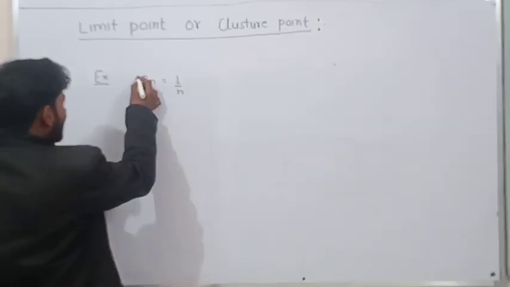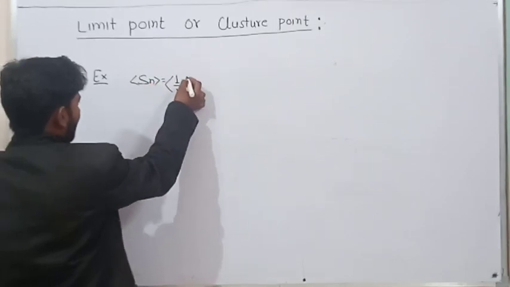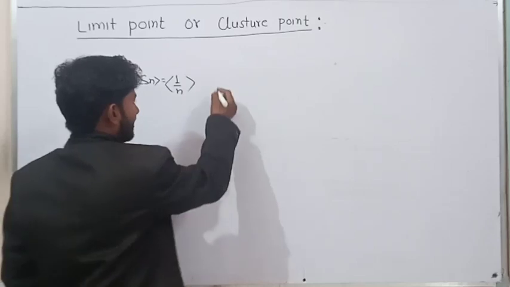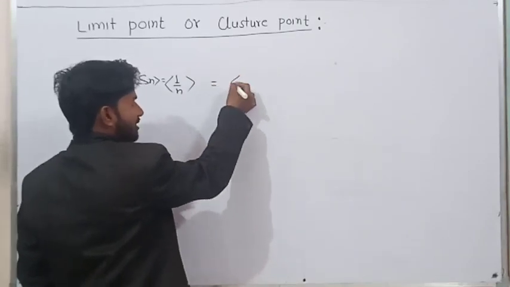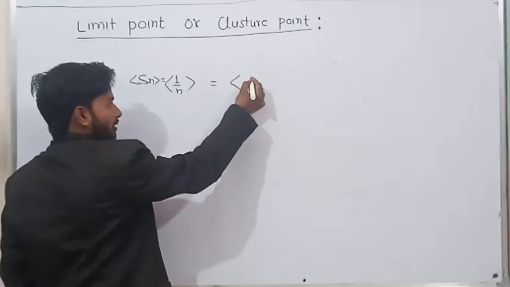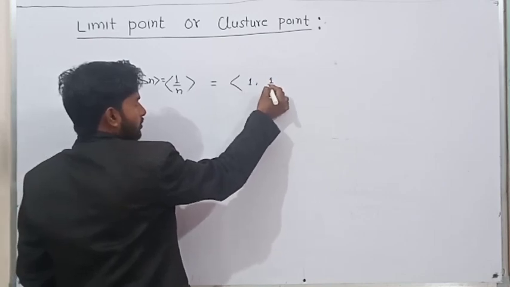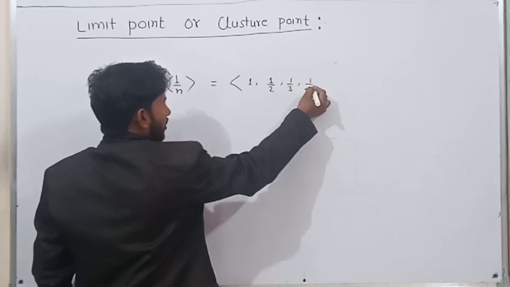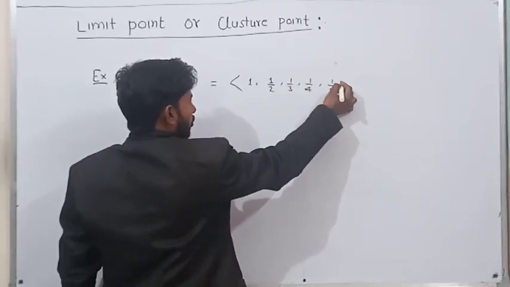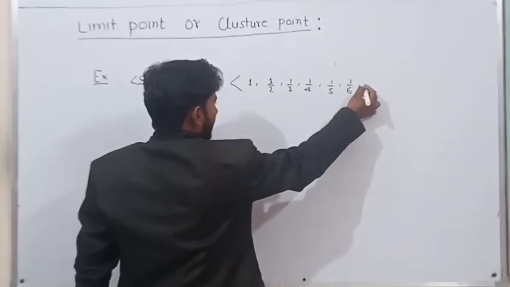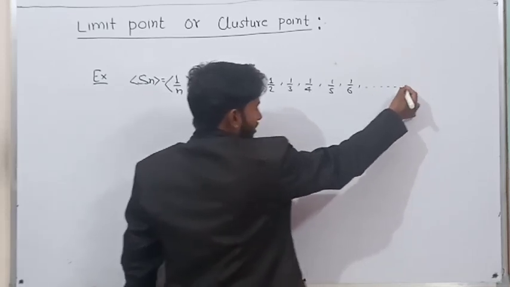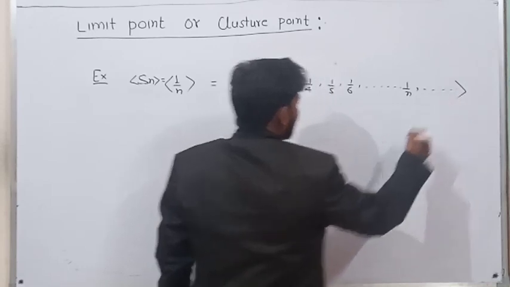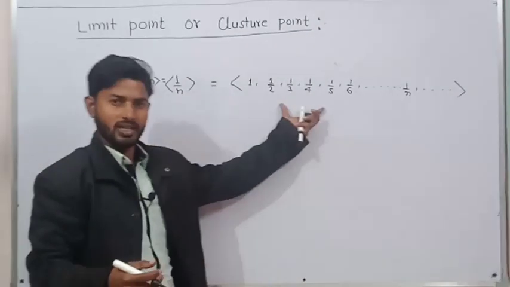Now let us take another example: Sn equals 1 by n. If we expand this, it is 1, 1 by 2, 1 by 3, 1 by 4, 1 by 5, 1 by 6, and so on, up to the general term 1 by n. So this is a sequence.